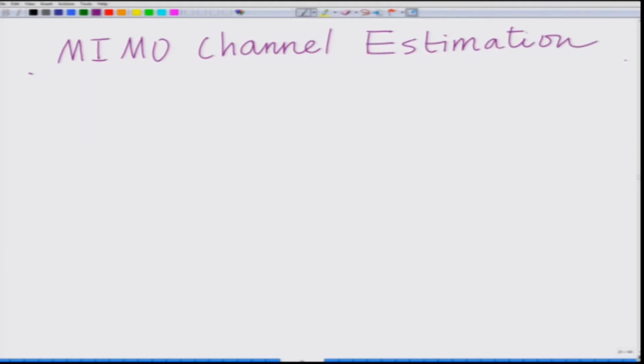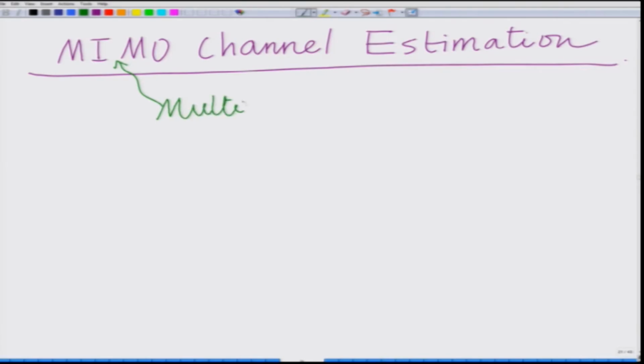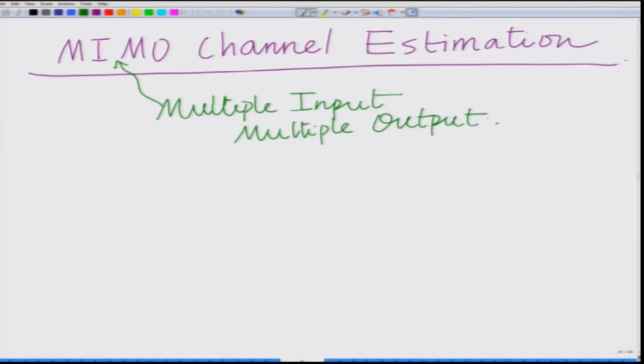MIMO stands for a multiple input multiple output wireless communication system, and what it means basically is that you have multiple antennas at the transmitter as well as multiple antennas at the receiver.